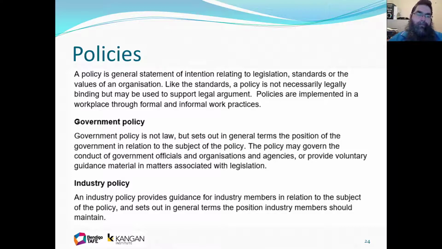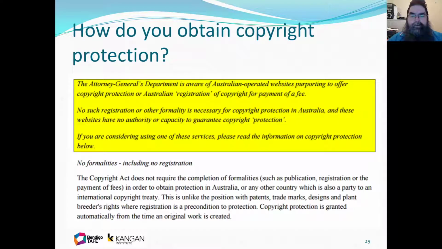Policies are like standards. They are not legally binding, but once again, they can support a legal argument if you have breached a government or industry policy that has been widely recognised and supported. So if you're not meeting those things, you've got to justify why you're not when you're challenged in court under anything.